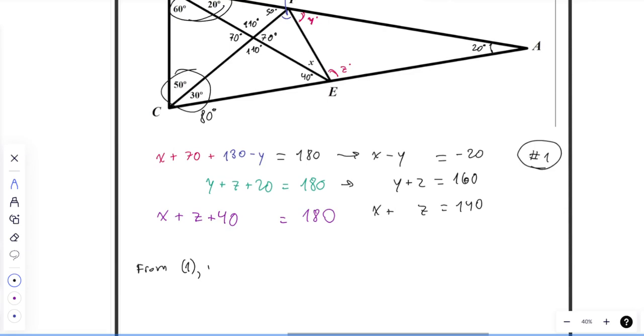From 1, we can get x is equal to y minus 20. Then we substitute that into equation 3, and we get y minus 20 plus z. Oh no, I see where this is going, because that would give us y plus z equals 160. We already have that equation. Something suspicious is going on here, huh? Something suspicious.